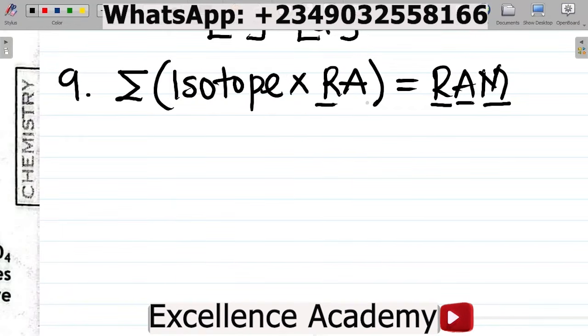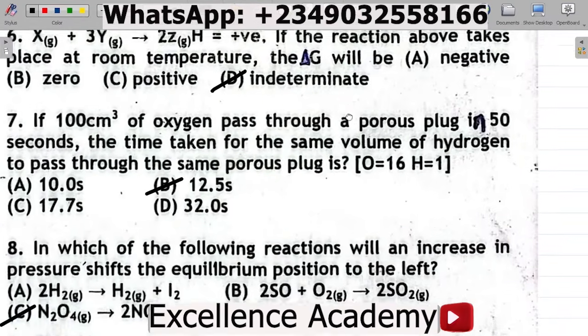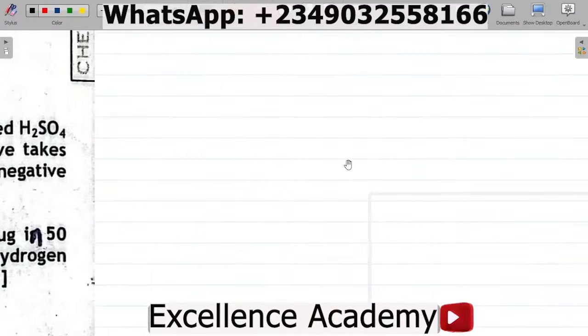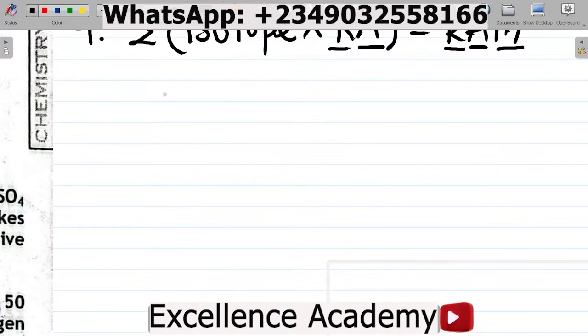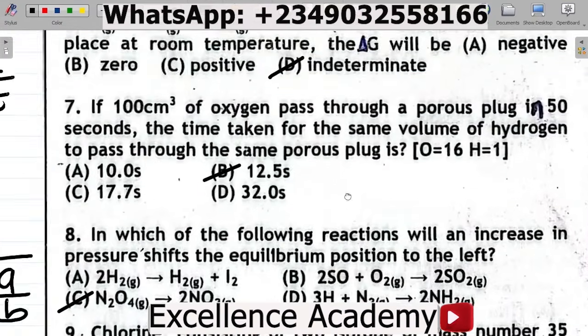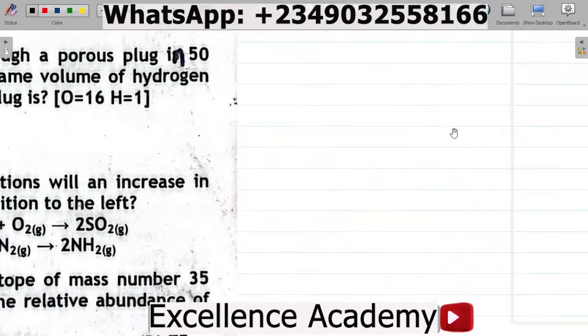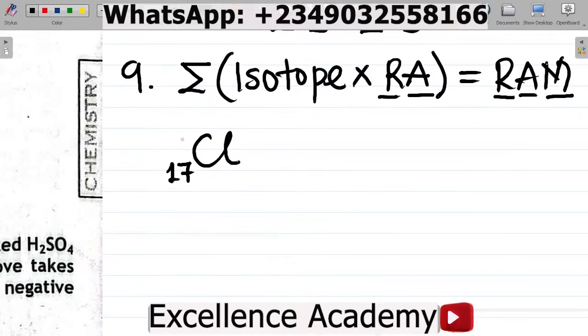RA is relative abundance. In this particular question, they mentioned the element chlorine, Cl. We know that chlorine is atomic number 17. They said it has 2 different isotopes, 35 and 37. So I'll put chlorine 35 and chlorine 37.